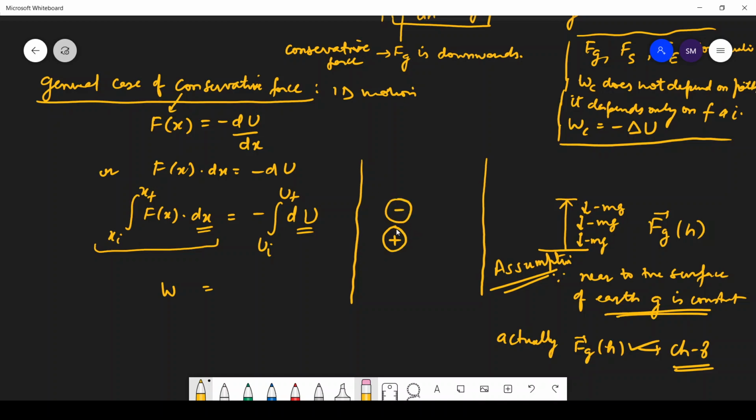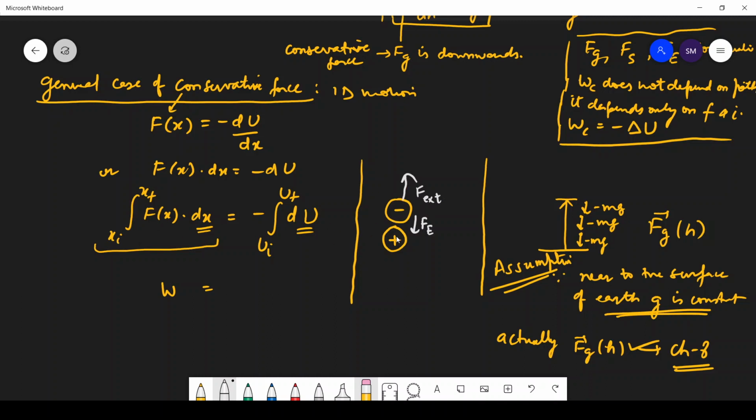Positive and negative charges attract each other. I am taking this negative charge upward against the electric force. So the electric force is downward. This positive charge is attracting this, so the attractive force is downward, but the external force is upward.